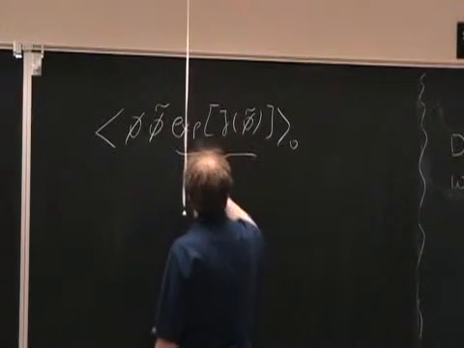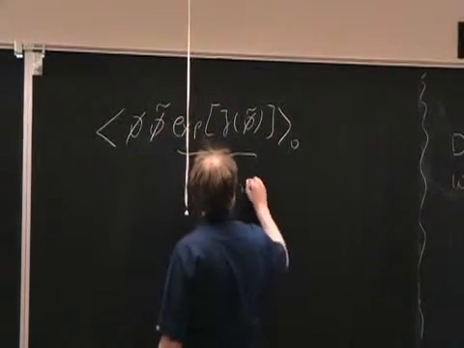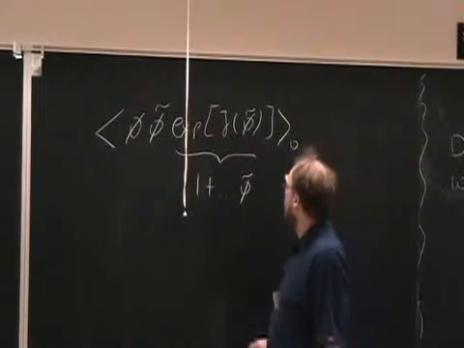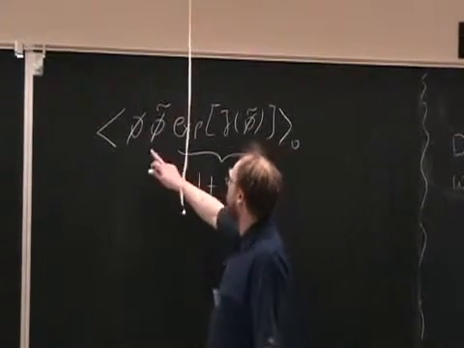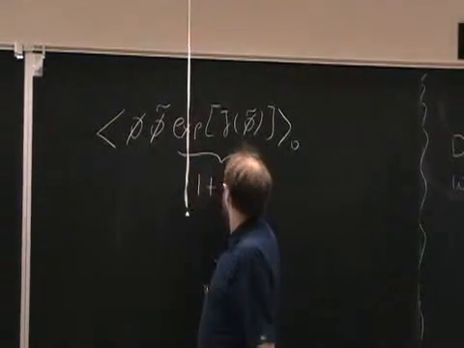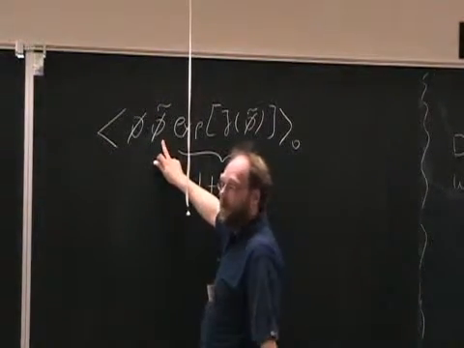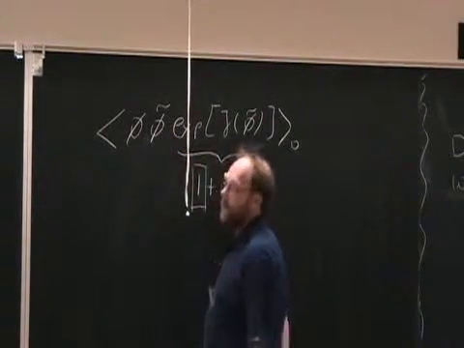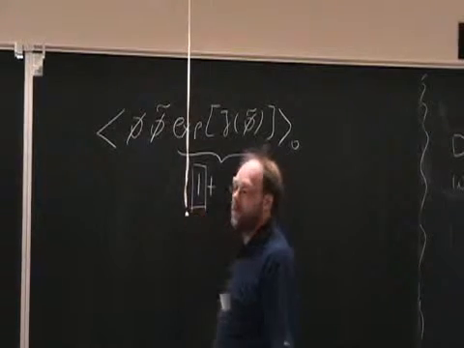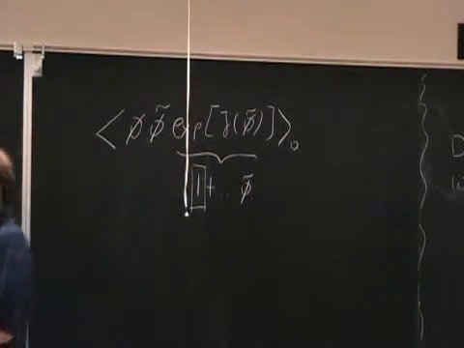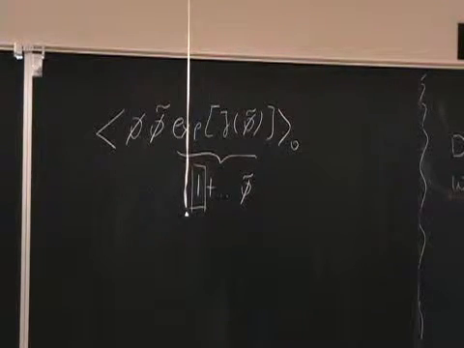And this starts with 1 plus some constant times phi tilde plus phi tilde squared, etc. You see already the phi tilde here is a phi times phi tilde squared, which is 0. Phi tilde to the cube is 0. Phi tilde to the 4 is 0. So the only term contributing which is different from 0 is the one which comes from the 1. Okay.